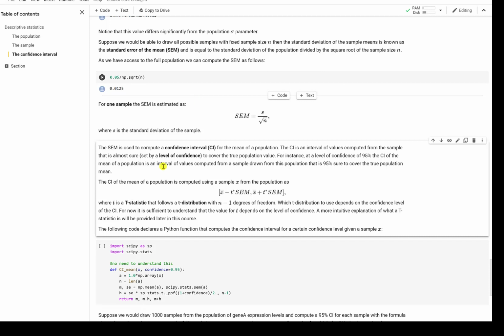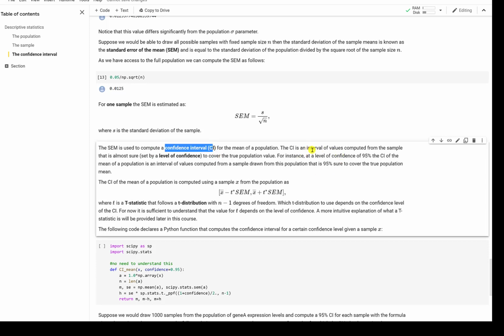Now, in order to compute a confidence interval, we will make use of this. We will compute the confidence interval of the mean of a population. We use the sample to estimate the mean of the population, and we want to have some description of how certain we are about that mean. We do that by constructing a confidence interval.